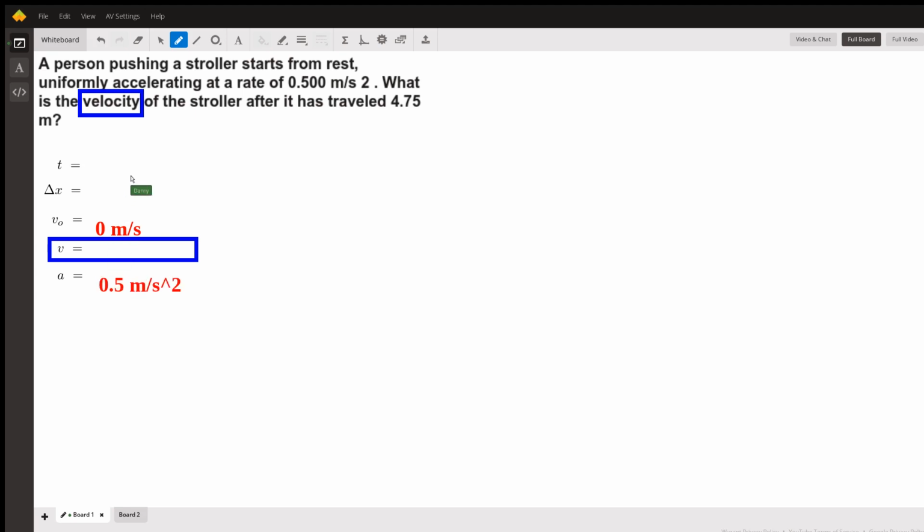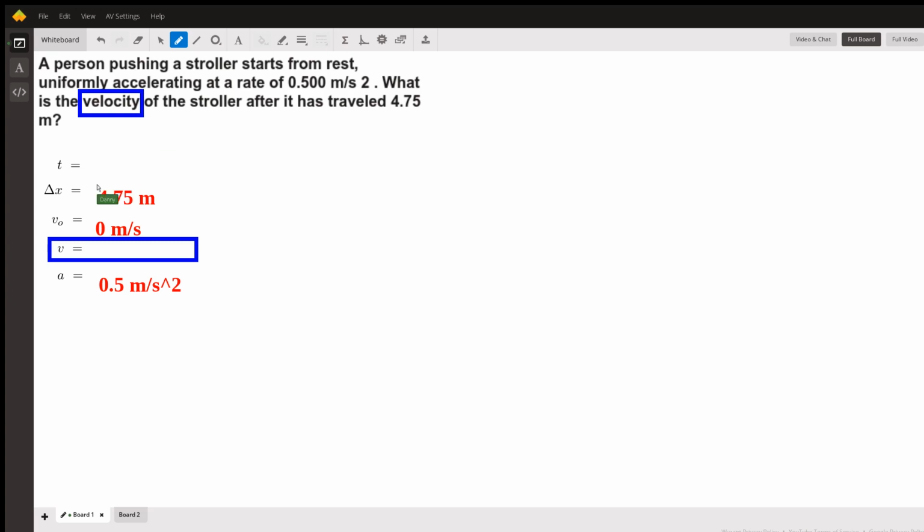It also says that it's moved 4.75 meters. That's the displacement, so I come up here and find the displacement, 4.75 meters. And I hit the question mark. I'm at the end of the problem.